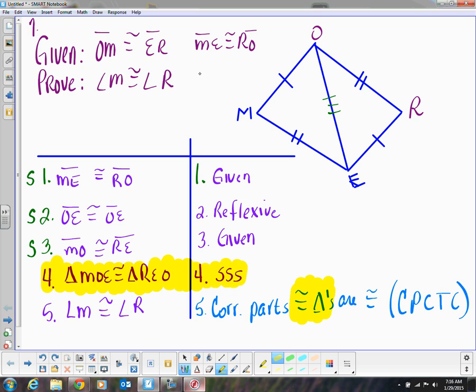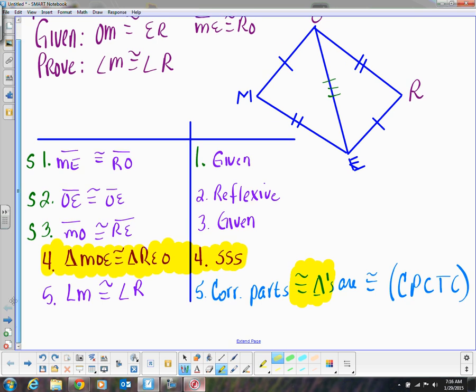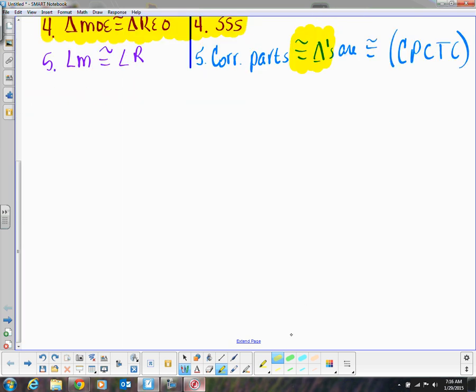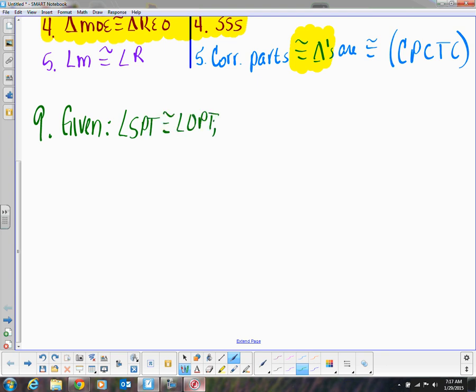Number 9. Okay, so number 9, they've given us 2 congruences to start. The book was much kinder than I was. So number 9, we are given angle SPT is congruent to angle OPT. And we're given segment SP is congruent to segment OP.